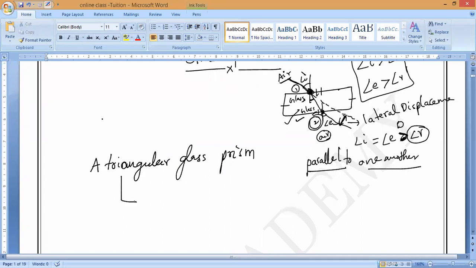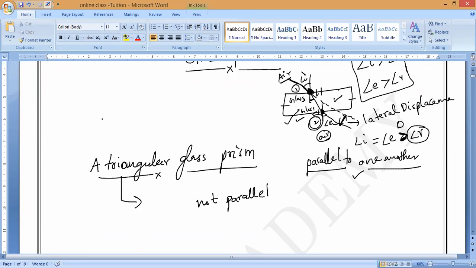So what is the specialty of a triangular glass prism? What is the difference between a rectangular glass slab and a triangular glass prism? Here in the slab, opposite faces are parallel to one another, but here in the prism, opposite faces are not parallel. That is what you should remember, all of you.